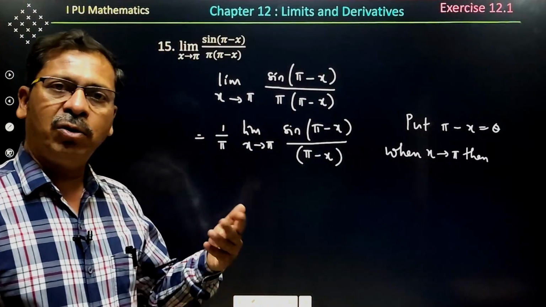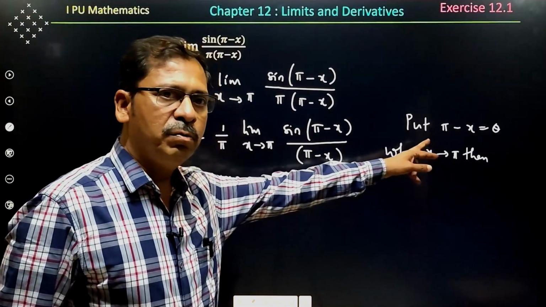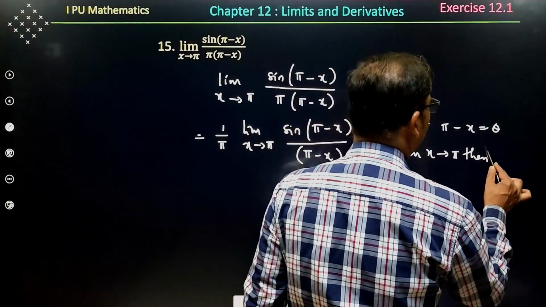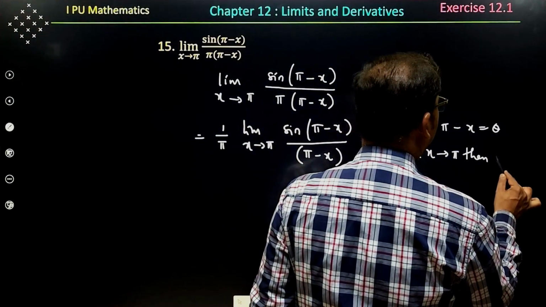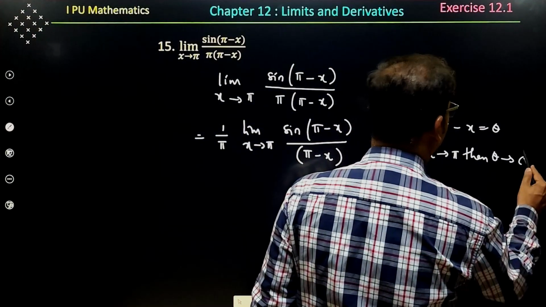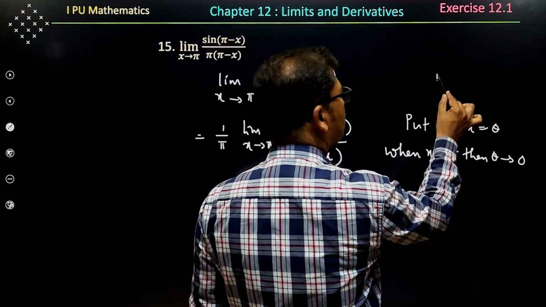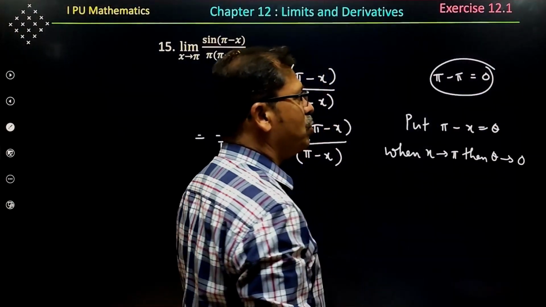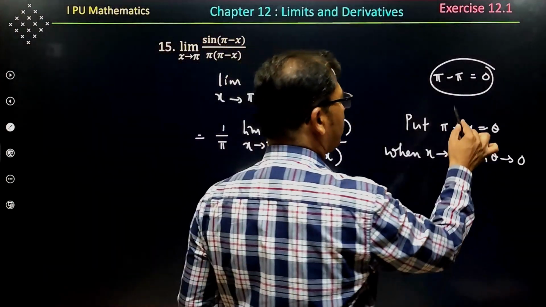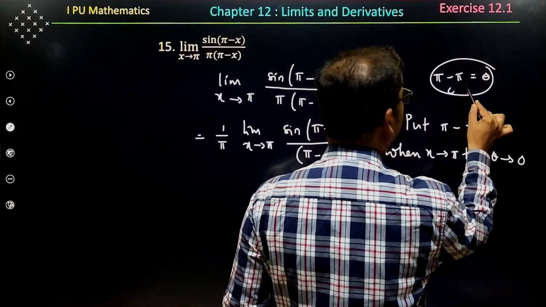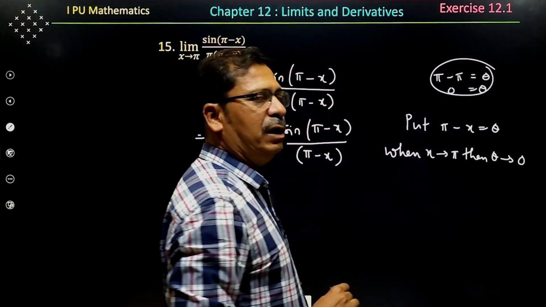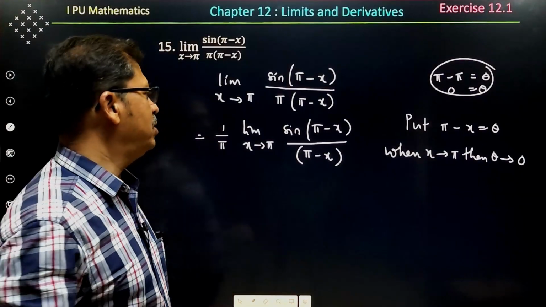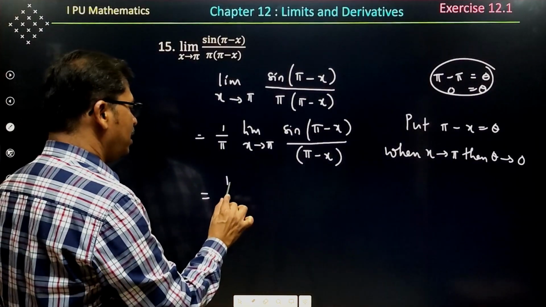But for the calculation purpose, in the substitution pi minus x, you substitute x equal to pi. Then theta is tending toward 0. Pi minus pi is 0 on the left side, theta on the right side. So theta equal to 0 you are getting. That itself is the new limit, theta tends to 0. So make these changes here.